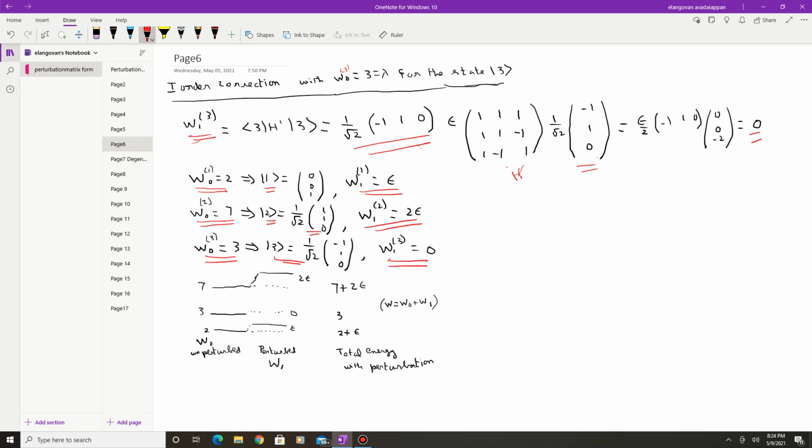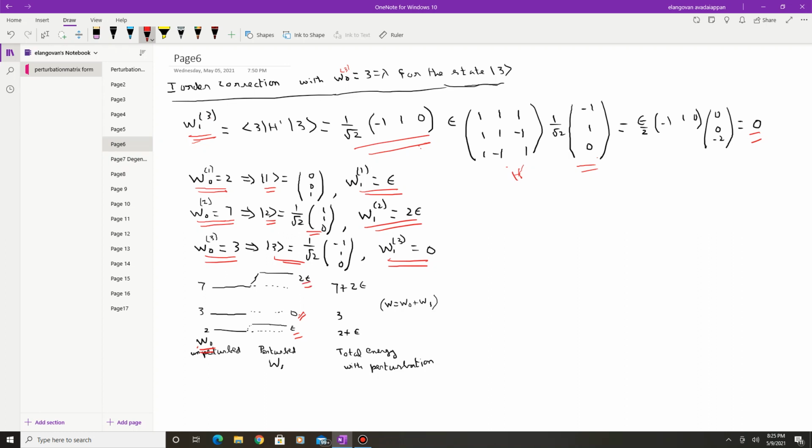So the unperturbed levels are represented by 2, 3, 7, which is the W0 given. With the first order perturbation, you add the perturbation to these levels: 2 plus epsilon here. When W0 is 3, there is no shift, and when W0 is 7, there is a shift of 2 epsilon.